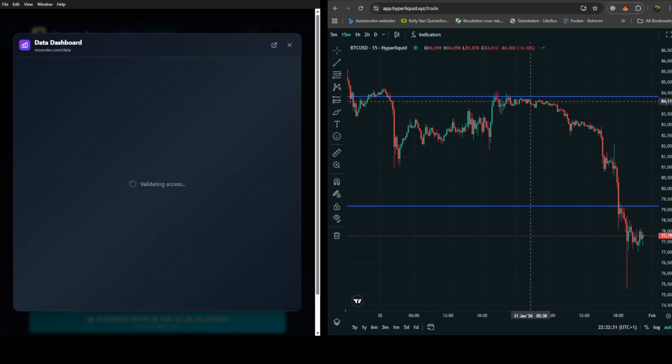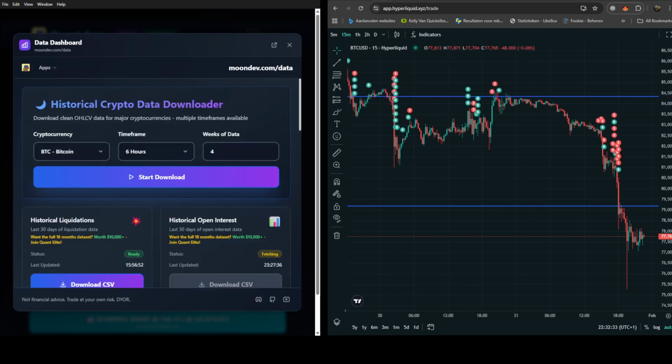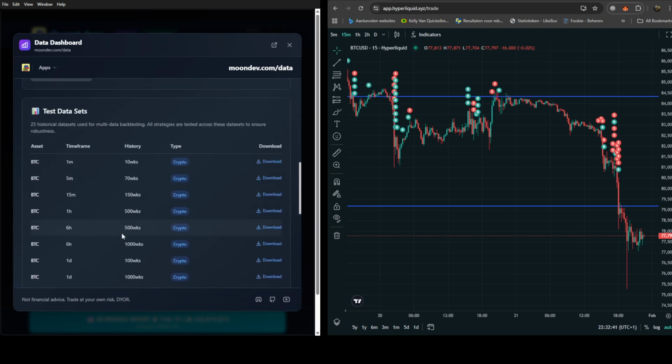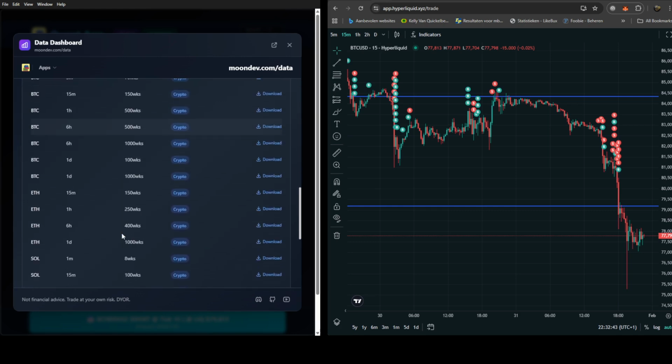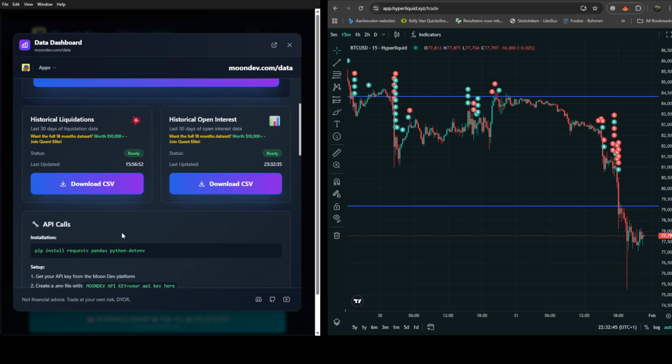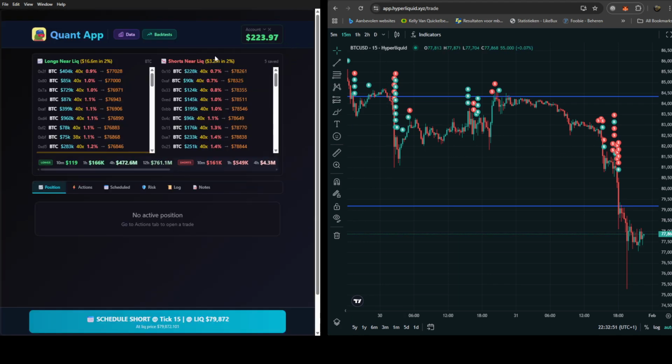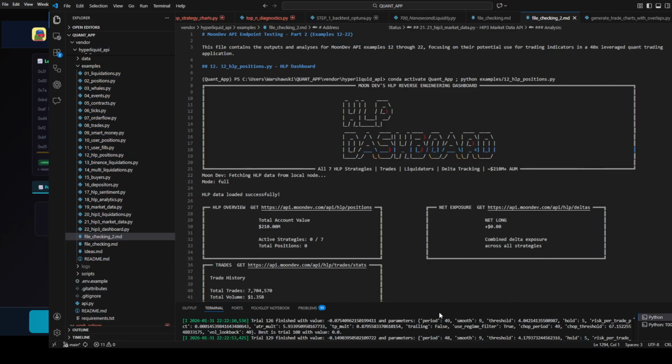I actually showed you guys already. Okay, it's coming. Otherwise, I was going to continue. So here you can find lots of data sets, very big data sets, where you can test the historical liquidations, open historical interest. So lots and lots of data for backtests, which I'm using also on my screen here.